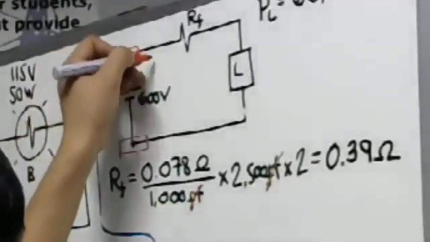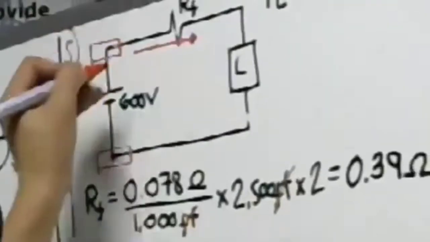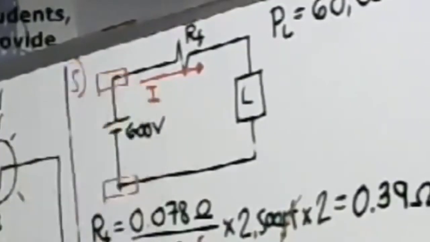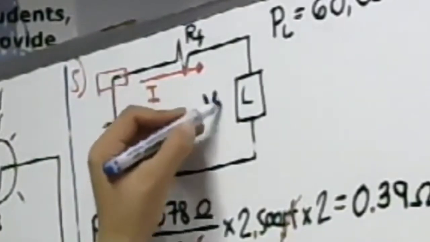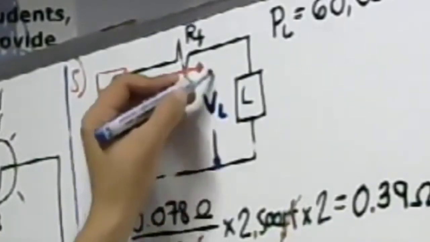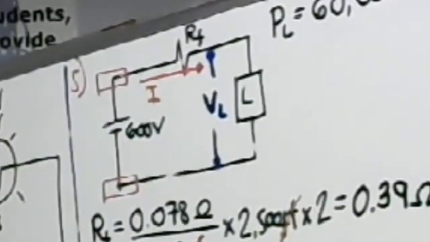So let us assume here a current of I. And then we have, let's say, VL, that is the voltage at the load. Again, by the Powerhouse Chop-Chop Law, PH is Powerhouse, that is the name of our review center.